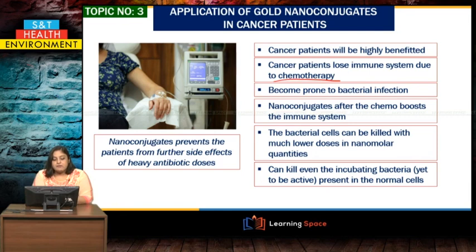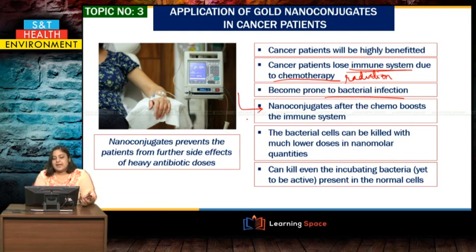This is a kind of system where they lose many of their good cells because of the radiation. The chemotherapy increases the radiation in their body and they lose a lot of their immune cells, their defense cells. So they become prone to bacterial infection, and then the nanoconjugates come into action.